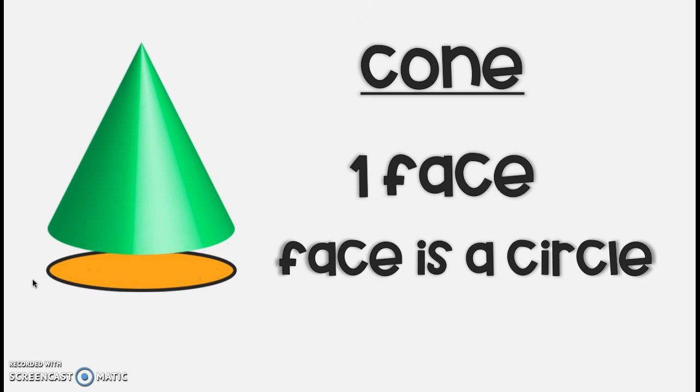See that nice circle shape right there? Perfect. And just like the cylinder, if I were to knock it over, it would roll. It would kind of roll around and around in a circle instead of rolling away from you like the cylinder would. So it rolls just a little bit different. So a cone has one face, that face is a circle, and it rolls.